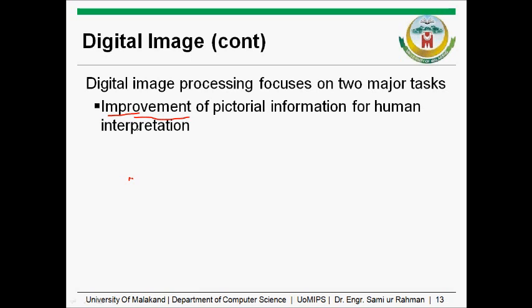So they use automatic machines or robots that take low resolution images, which can be sent to the earth in less time with fewer resources, and then these images need to be improved. That is one use of improvement.